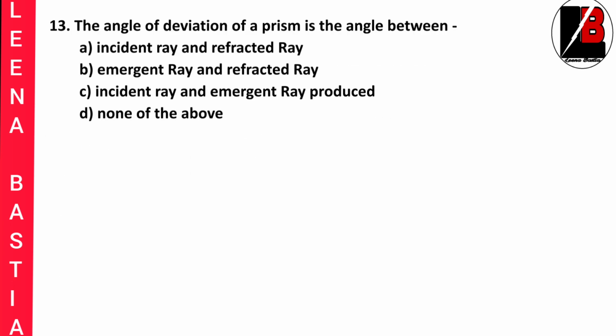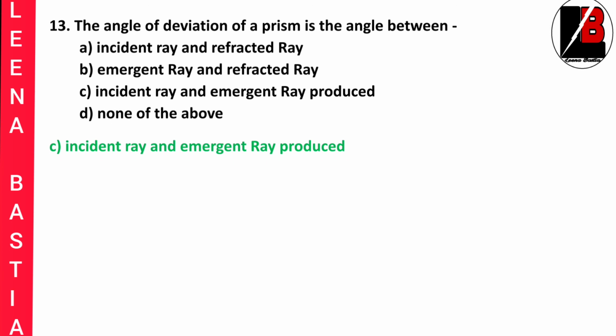Next question is question number 13. The angle of deviation of a prism is the angle between option A, incident ray and refracted ray, B, emergent ray and refracted ray, C, incident ray and emergent ray produced, D, none of the above. So what will be the answer?